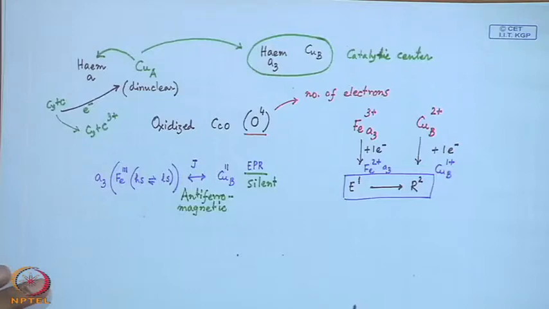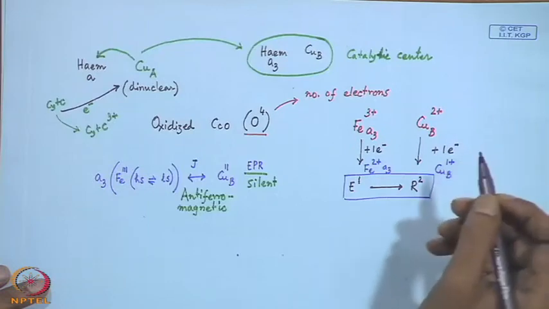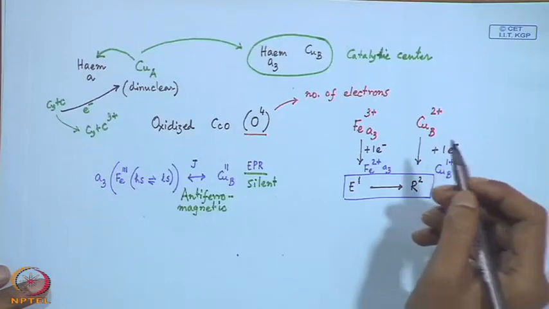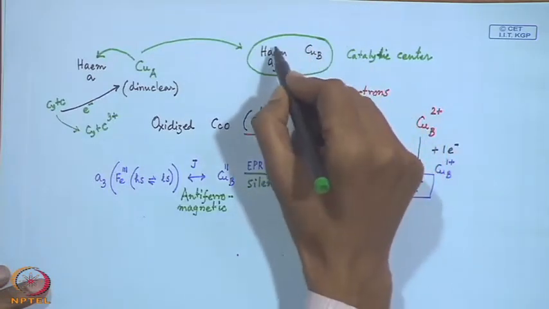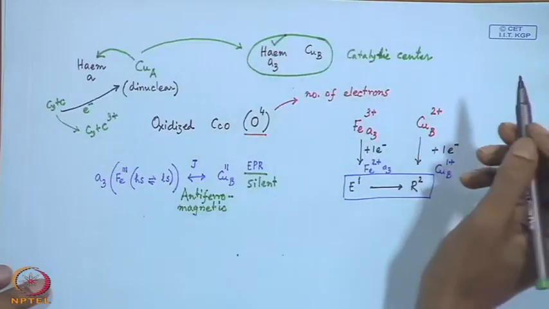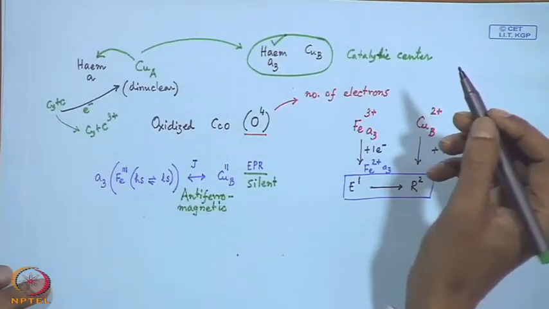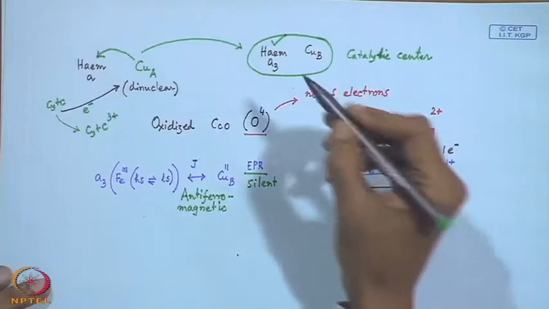So, this gives some clear picture for this reduction to this particular species. That means, already we have seen that this particular heme A3 is 5 coordinated.